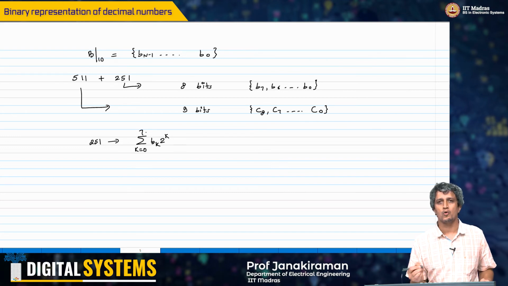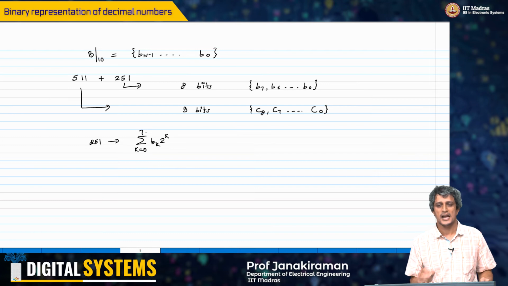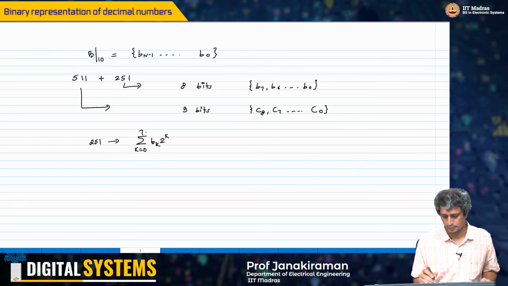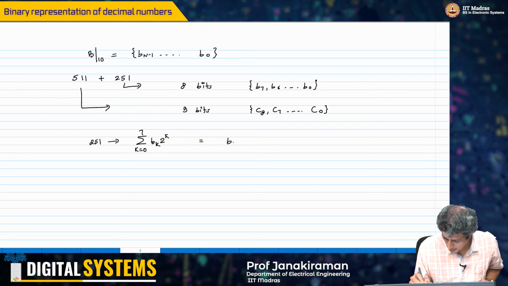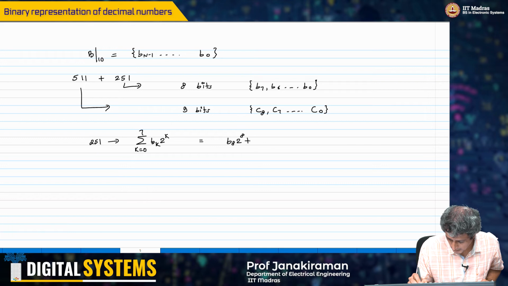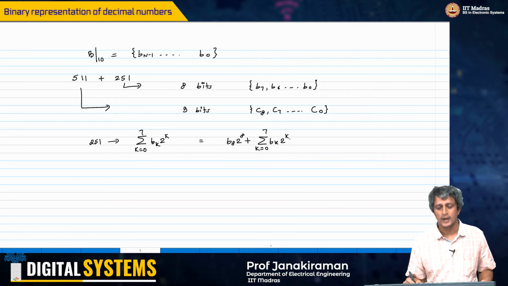Now what do I want to do? I want to add another bit, the 9th bit, to this representation. So I have to write this as b8 into 2 power 8 plus summation k equal to 0 to 7 of bk into 2 power k.